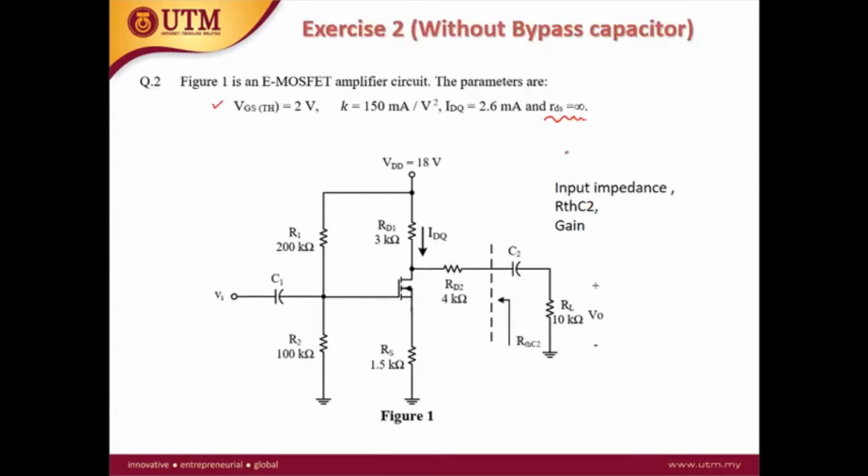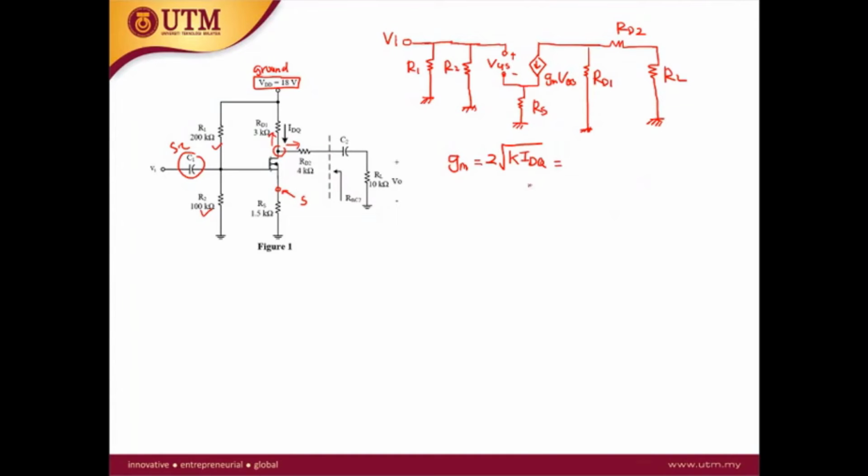So K is 150 milli. It's quite high. So 150 milli, and IDQ is 2.6 milliampere. So this will give you 39.5 millisiemens. Okay, this is the gm.